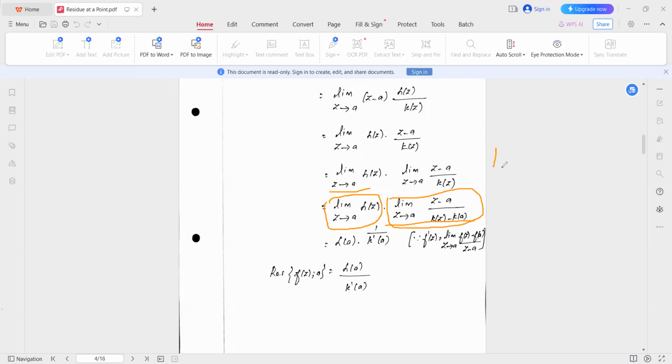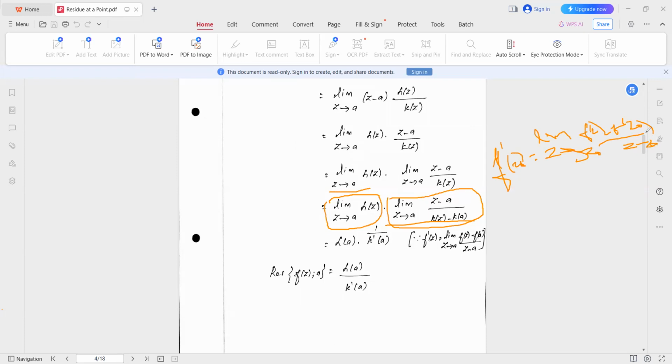This you have seen somewhere, where we studied that f is differentiable at the point z naught, then f dash of z naught is defined as the limit as z tends to z naught of f of z minus f of z naught divided by z minus z naught.